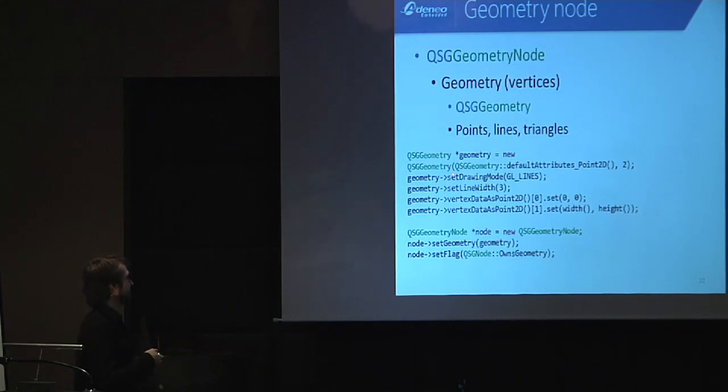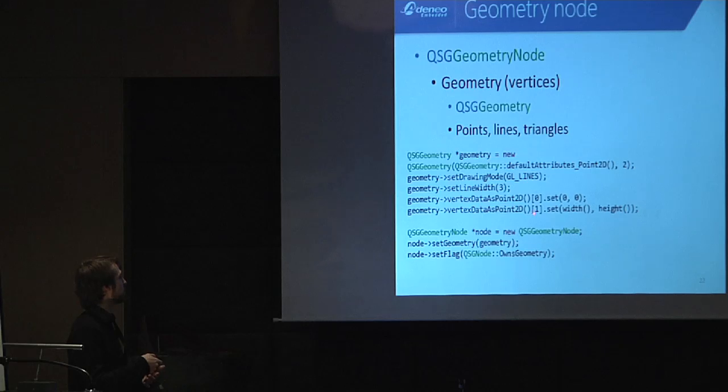So let's say you want to create a new shape. And okay, that's not that simple. You create your geometry, so we are inside the update function for our component. You set the default attributes of your point. You will say, okay, I want to draw lines. I want my line to be of this width, so in this case, 3 pixels. And you will here add vertices.